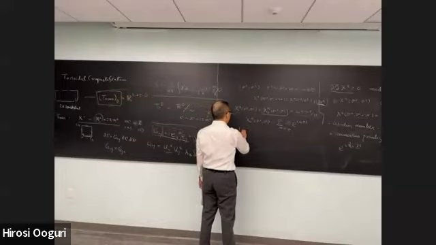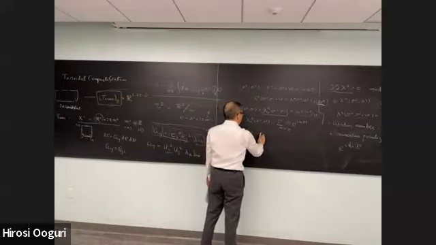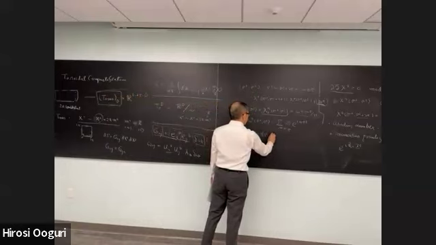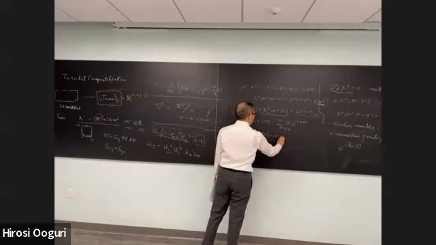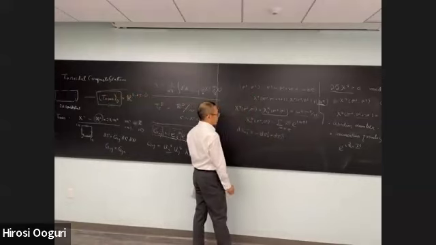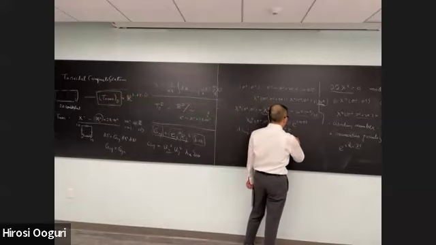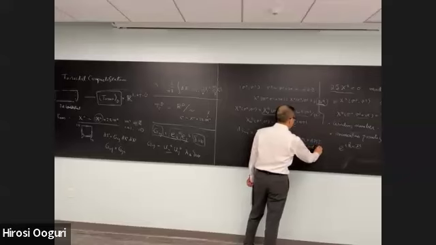the worldsheet metric is minus d sigma 0 squared plus d sigma 1 squared. So let's take this to be Lorentzian signature. Then you can write this as minus of d sigma 0 plus d sigma 1 times d sigma 0 minus d sigma 1.